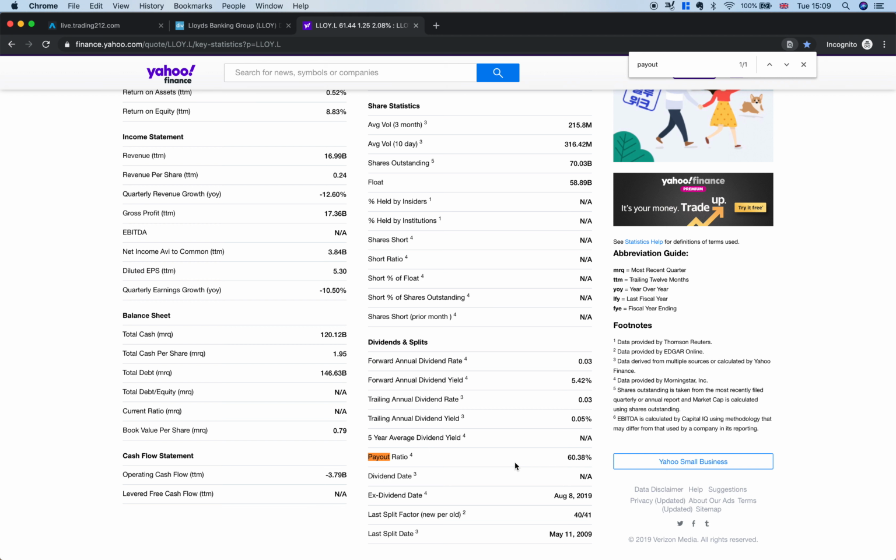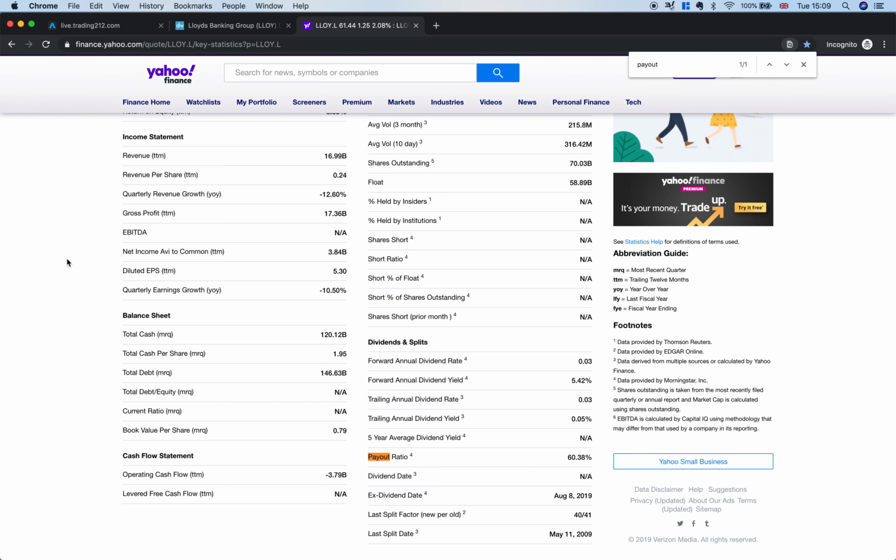Now, 60% is still higher than we would like to be, but that is a decision that you have to make for yourself. For me, I'm generally okay with a 60% payout ratio. Hopefully over time that can improve. If it doesn't, then you have to ask yourself, should we be selling the underlying stock or not, if it seems quite unhealthy.